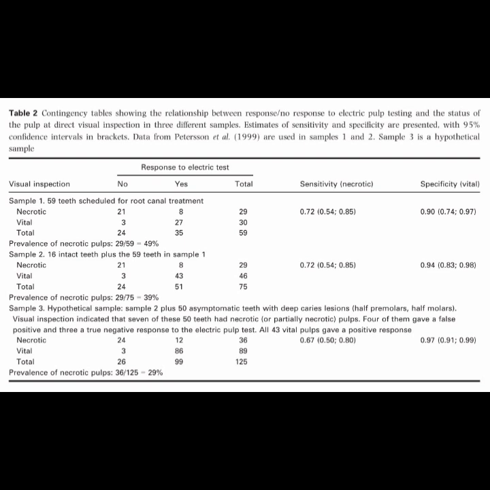But when you add the hypothetical sample and increase it up to 125 teeth and include the asymptomatic teeth with deep caries, the sensitivity of the EPT decreases to 67% and the specificity increases to 97%.